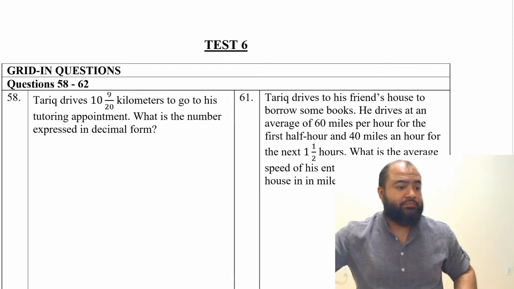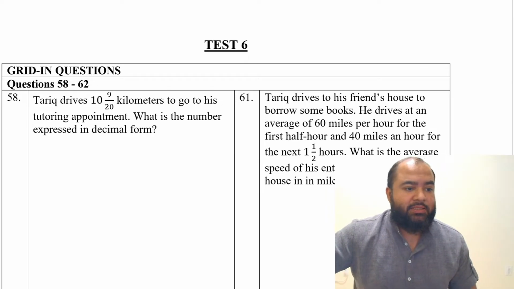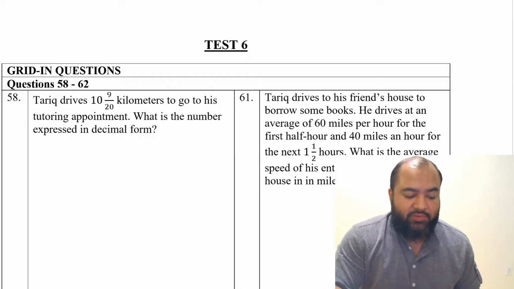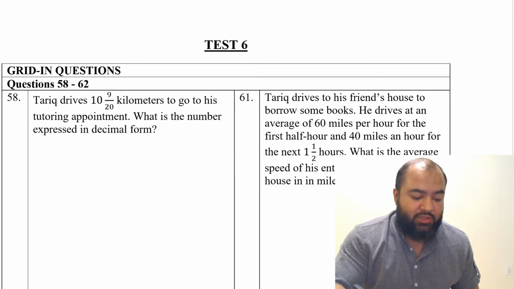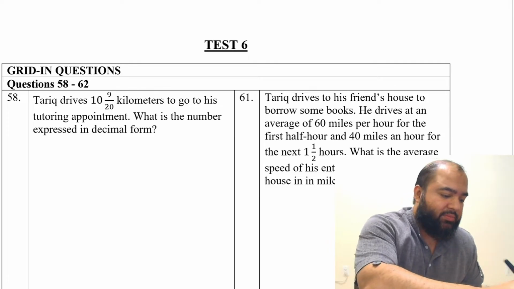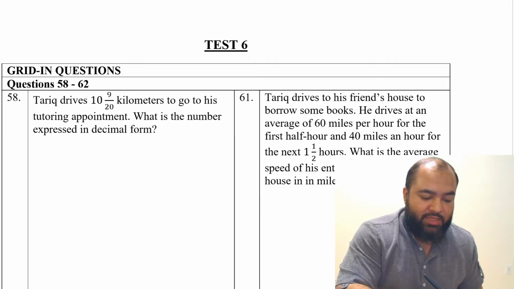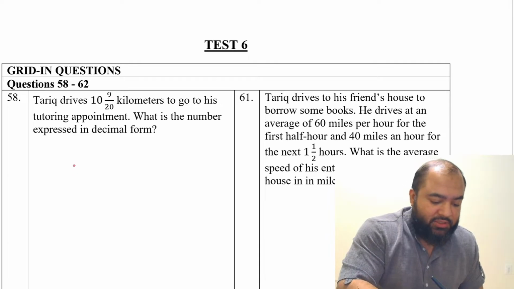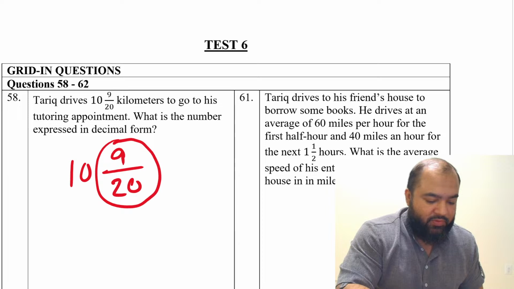All right, let's start. So first of all, question number 58. It talks about Tariq drives 10 and 9/20 kilometers to go to his tutoring appointment. What is the number expressed in decimal? Of course you guys know how to make it into decimal, but what we can do is, you see 10 and 9/20, so you're just gonna focus on 9/20.